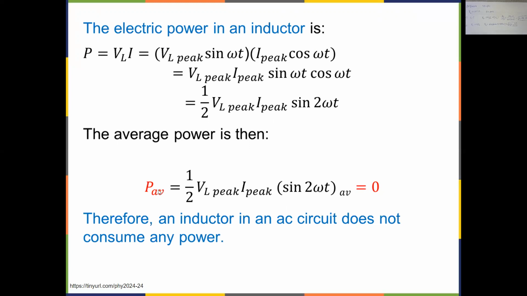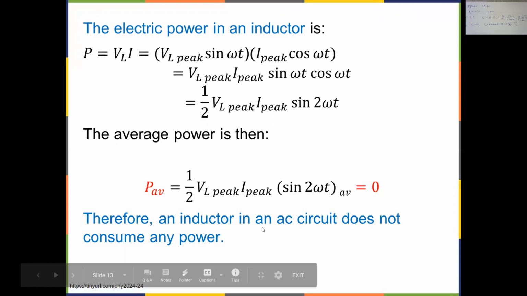So the power consumed by an inductor in an AC circuit is going to be 0, right? That means it doesn't actually consume power if it's an ideal inductor, if we can ignore its resistance. So therefore, an ideal inductor in an AC circuit does not consume any power. It only stores energy, right?